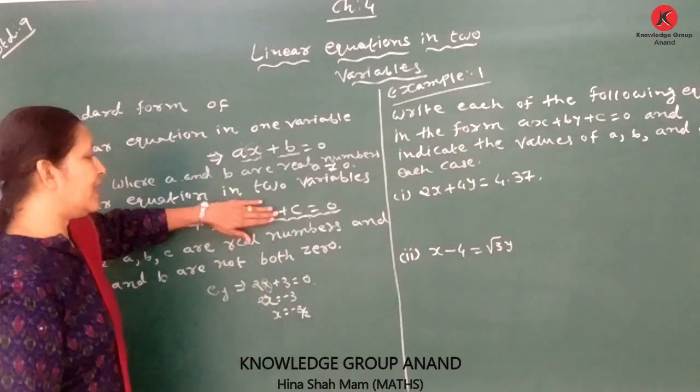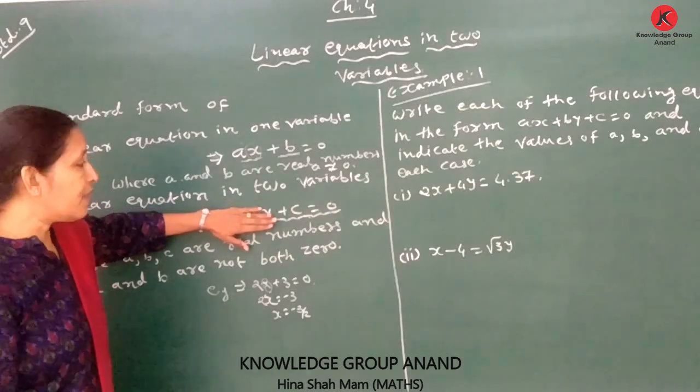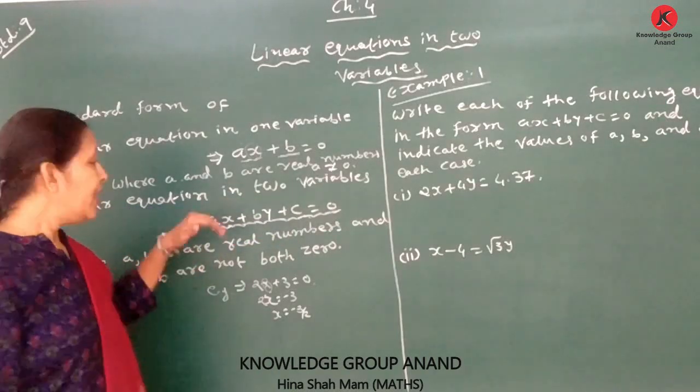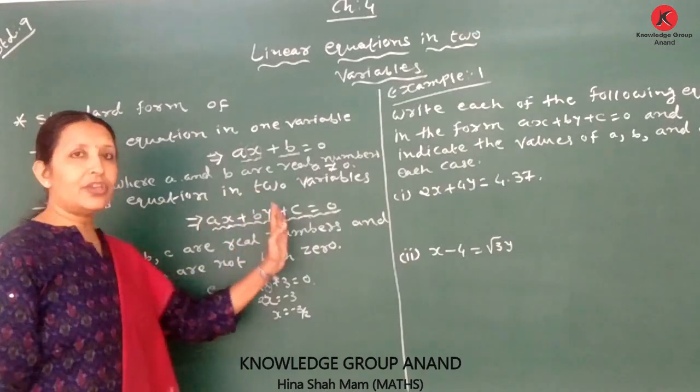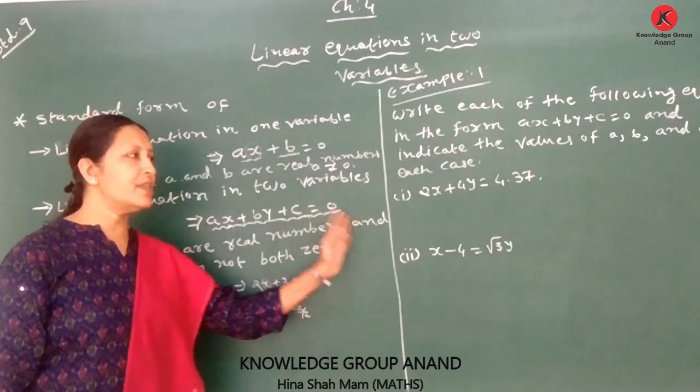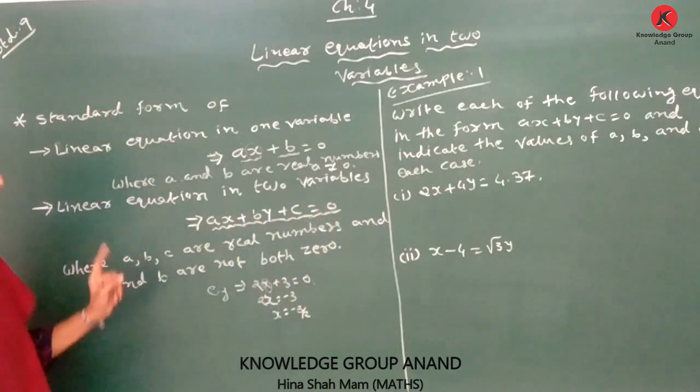Suppose both are zero, then our equation becomes constant. Here suppose a is 0, then we write 0x plus by plus c equals 0.